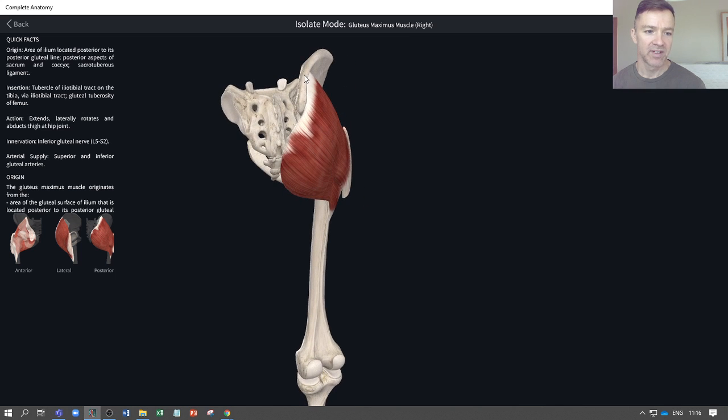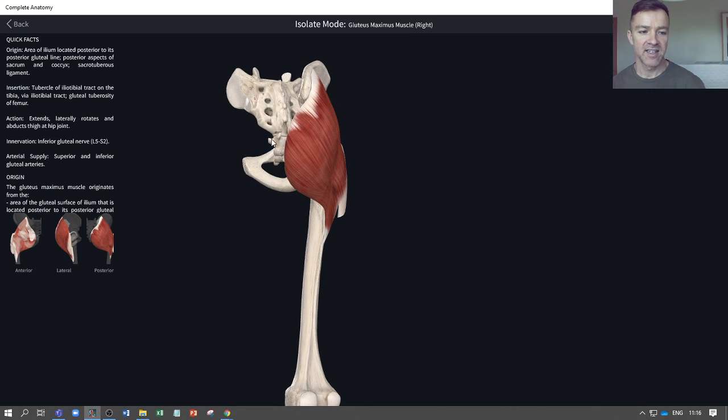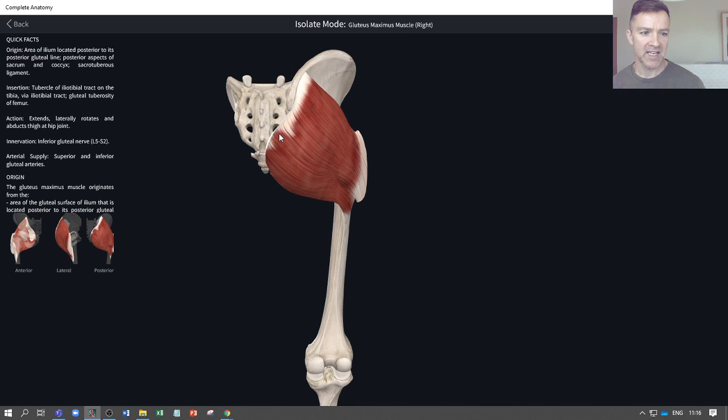The ilium is this part of your hip bone up here, your sacrum is a group of 5 bones fused together at the base of your spine, and your coccyx is a group of 3 bones fused together at the base of your spine. You should be familiar with the sacrum and the coccyx from a previous lecture on the axial and appendicular skeleton. So our gluteus maximus originates on these 3 bones, the hip bone, the sacrum and the coccyx.